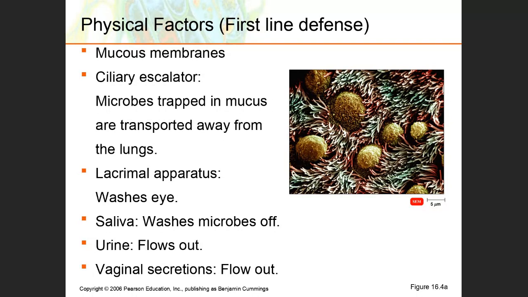And so the vaginal mucosa is constantly moving stuff from the inside to the exterior. So it's normal to have a little bit of vaginal discharge, because that's the whole point. The mucus and cilia are moving things to the exterior. So a little bit is fine. But too much, or if it has a really bad odor, that can indicate an infection.